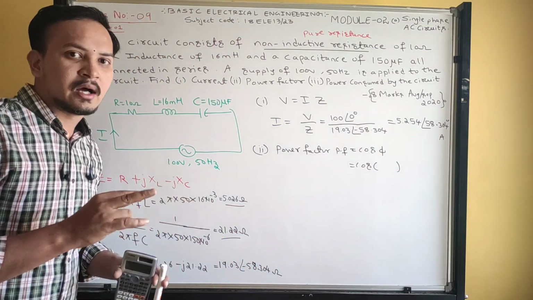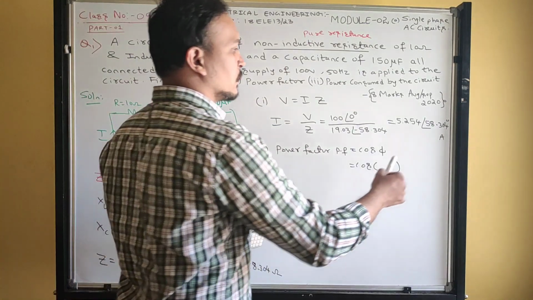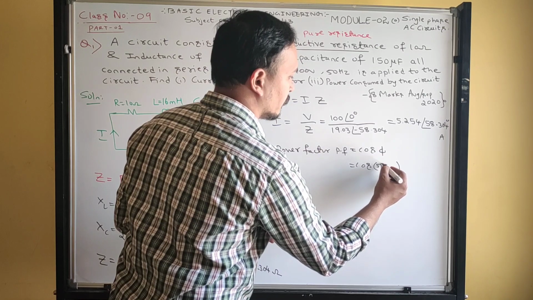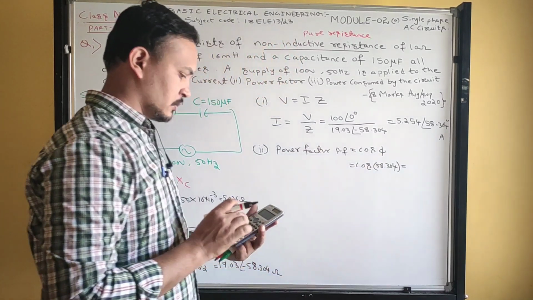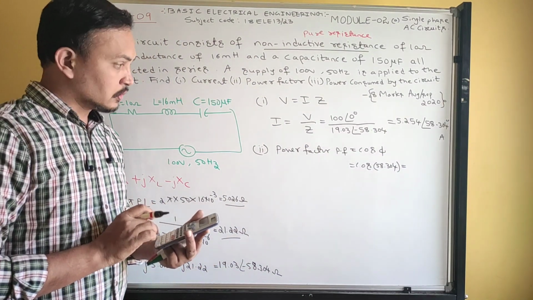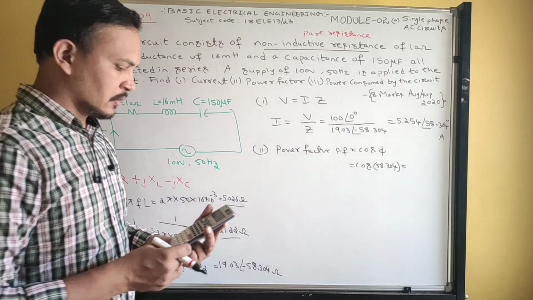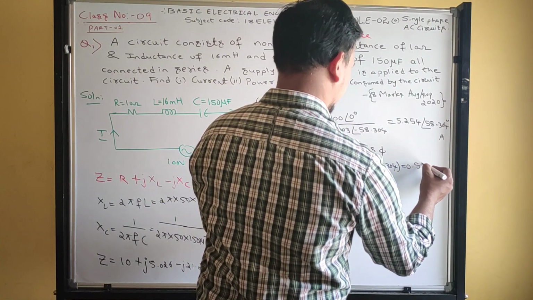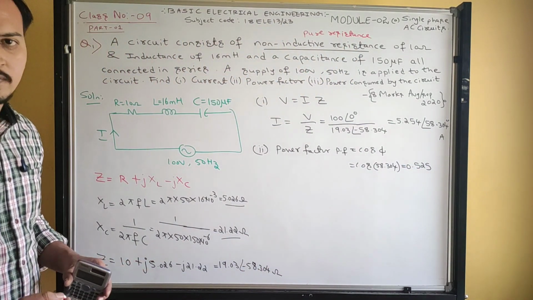You take only the angle. What is the angle between voltage and current? 58.304. Cos of that gives the power factor, 0.525. So we got power factor 0.525.